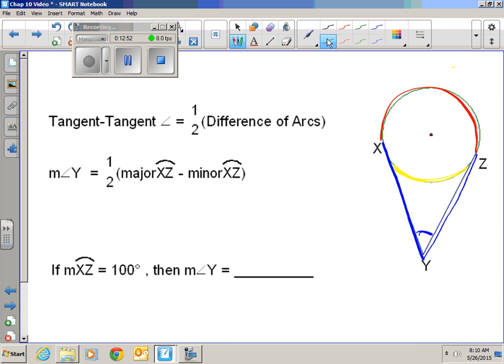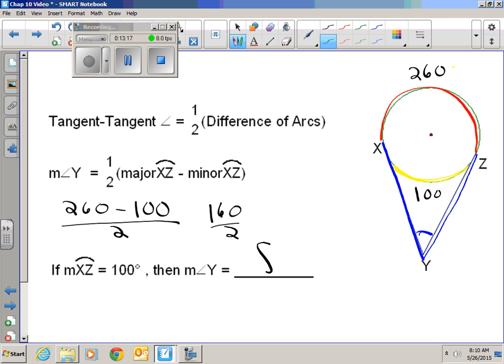So if the measure of this guy is 100, that's what we have here, means this guy must be 260 because both of those arcs add up to 360. So now we have 260 minus 100, all divided by 2. 260 minus 100 is 160. Divided by 2, 80.